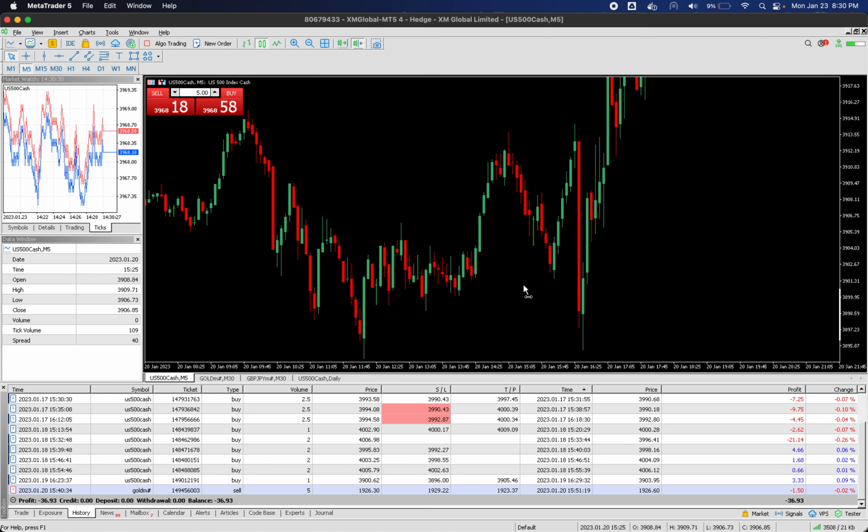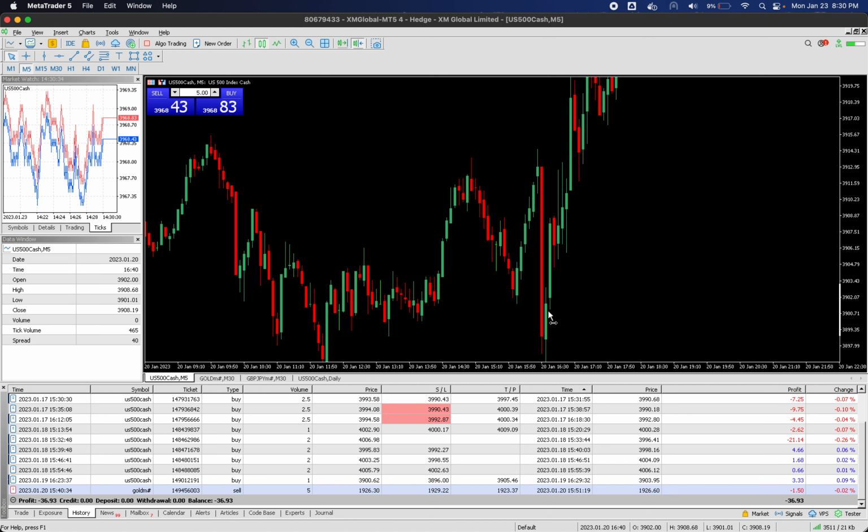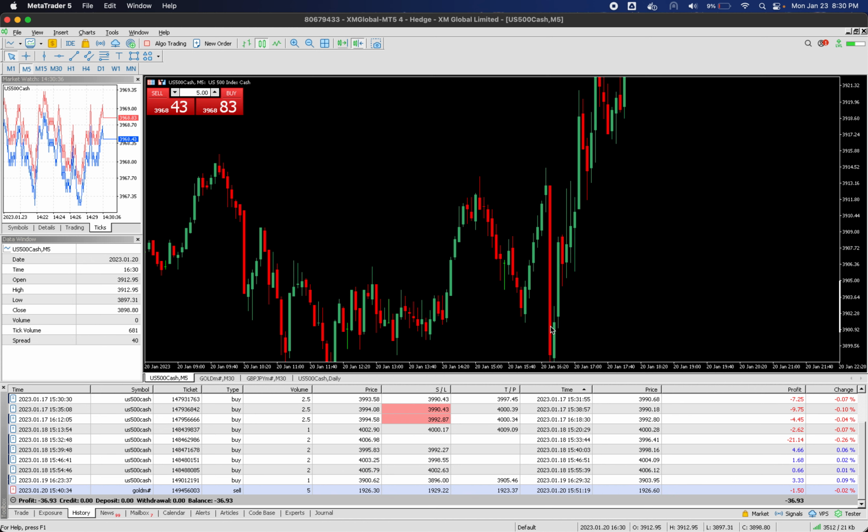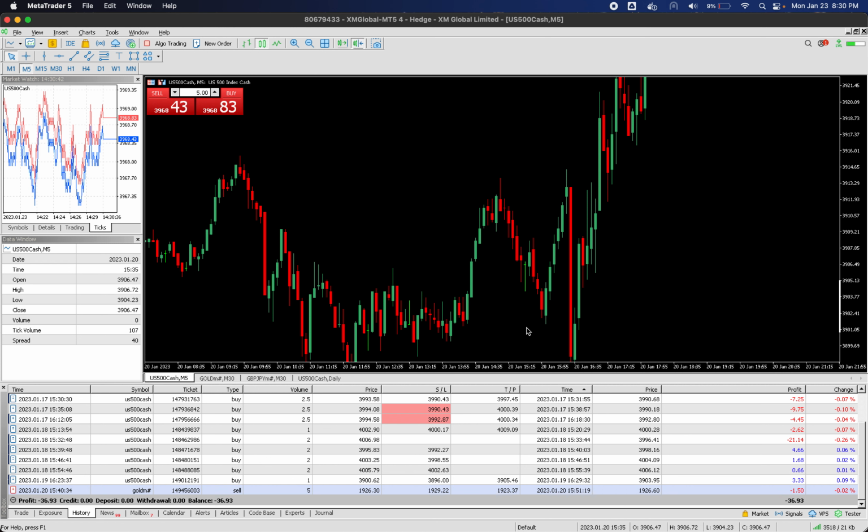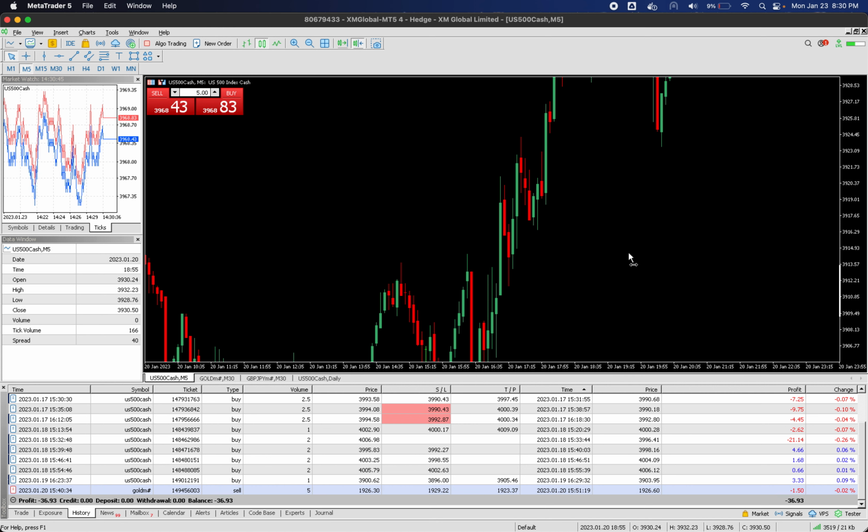So yeah, let's see here. This is 20, 15, 40. Weird. I couldn't see my trade.